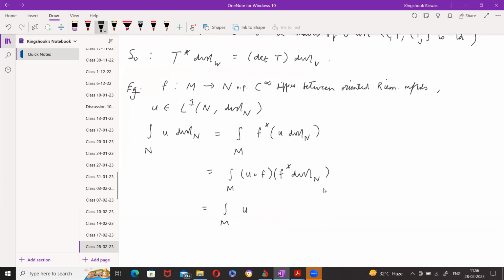So this will give you the integral over M of u composed F, determinant of dF, times dvol_M. Is this all right? Yes, sir. So you get this change of variables formula for diffeomorphisms between Riemannian manifolds.